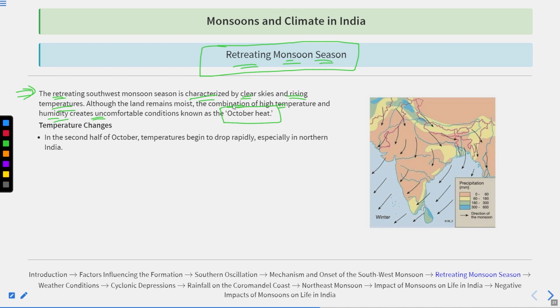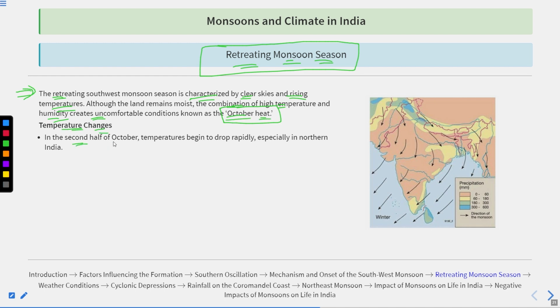Because of the moisture, the heat absorption in the atmosphere goes high, and because of this, the humidity increases. This combination of heat and humid environment is famously called October heat.